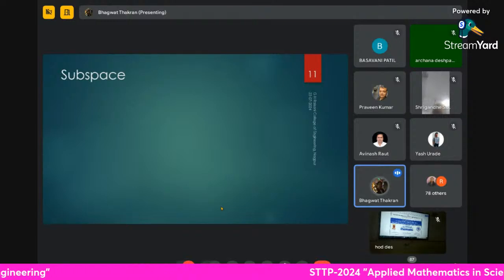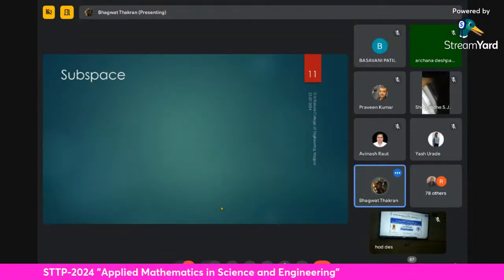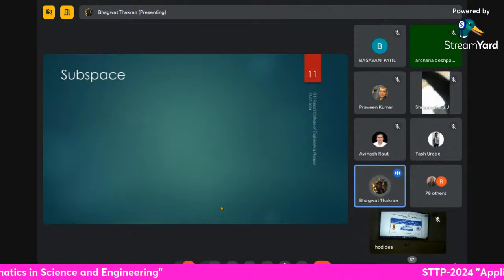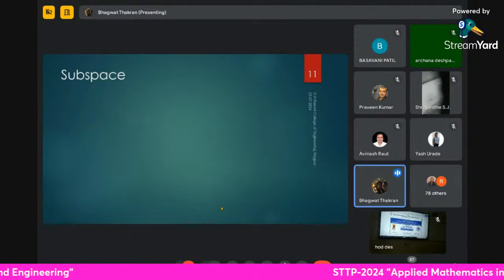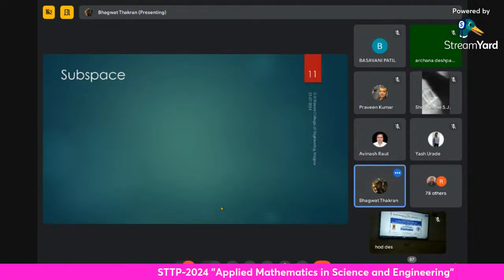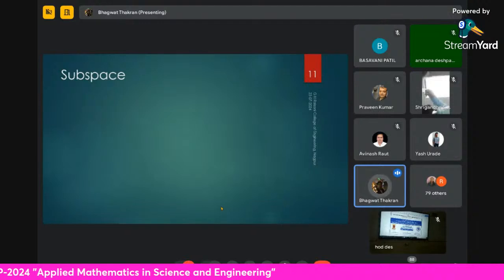Now, when we say vector space, it is a set that contains vectors which satisfy the basic properties of addition closure and scalar multiplication closure, along with the basic axioms. This is called Euclidean space.